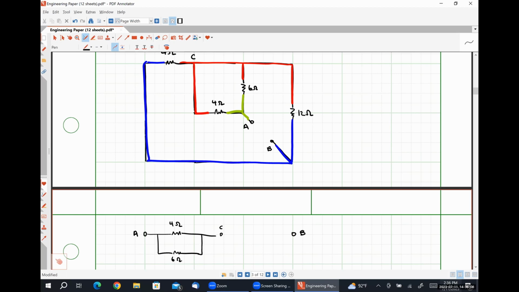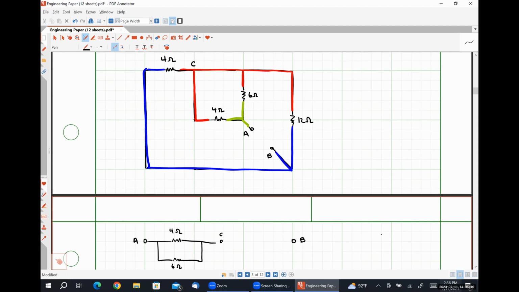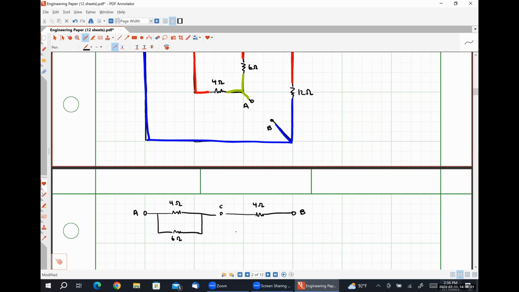To go from node C to node B, I can either go left through the 4 ohm resistor or right through the 12 ohm resistor.